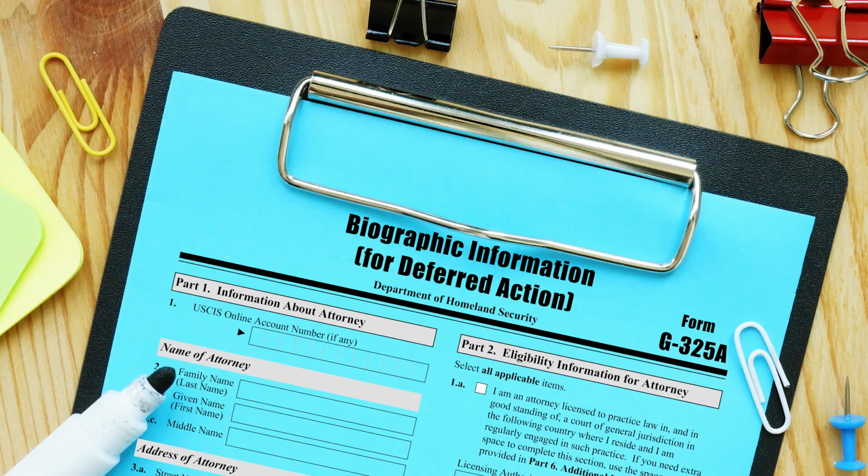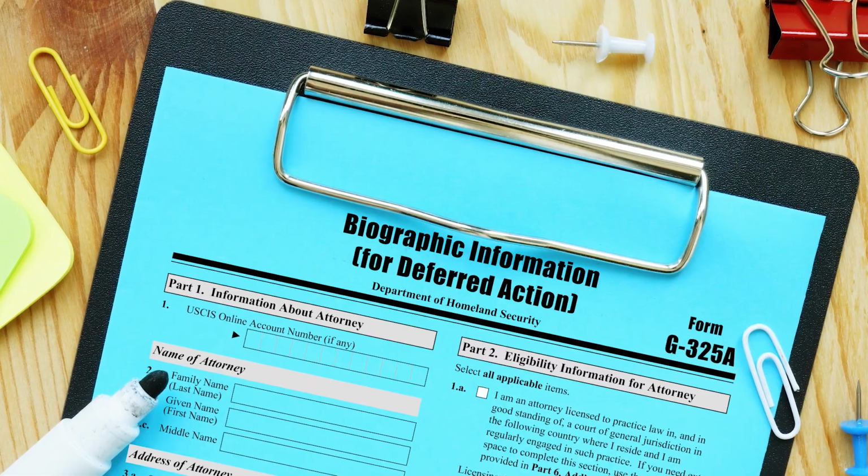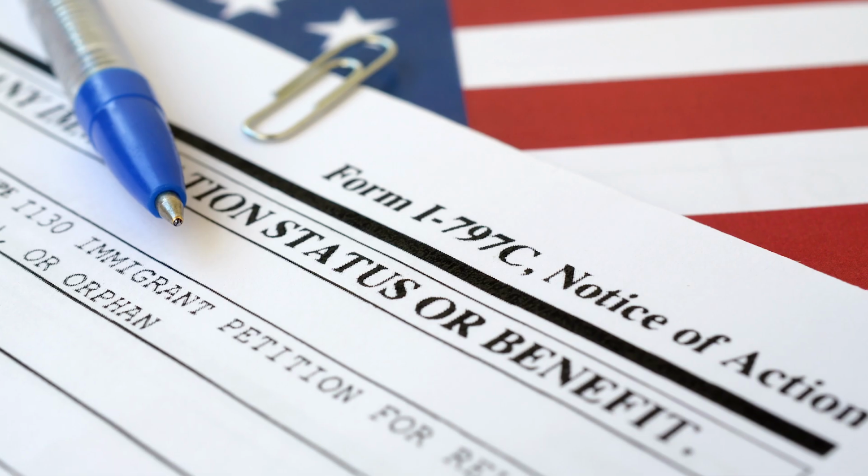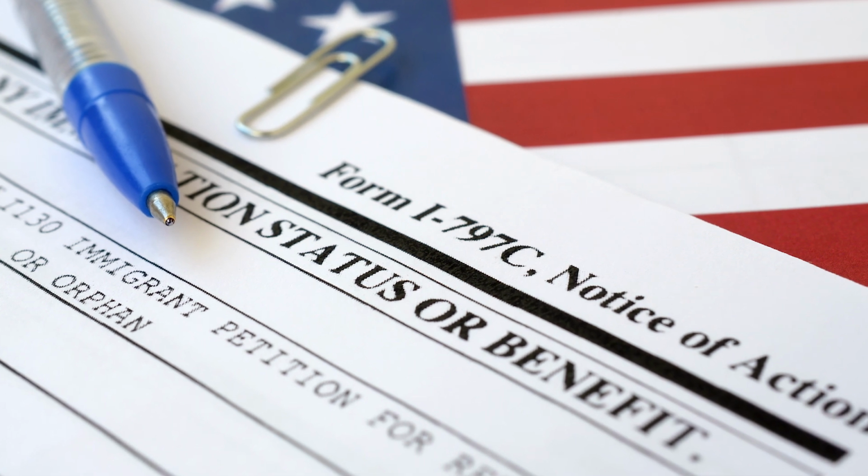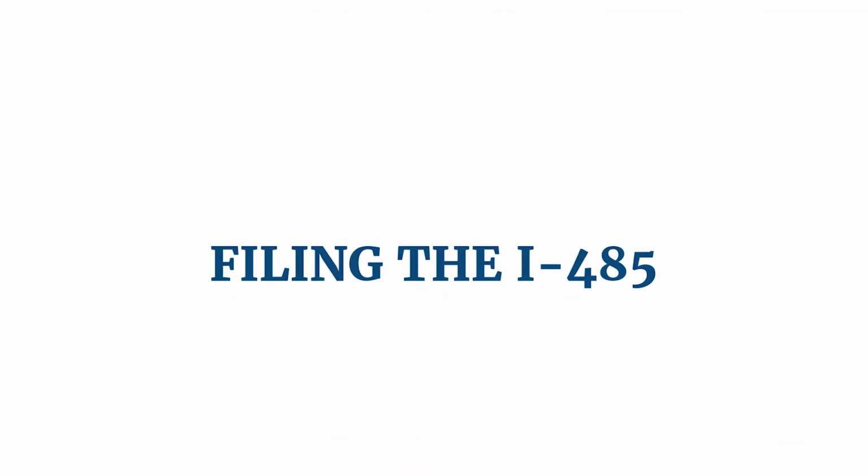Those between 14 and 78 years of age must submit a completed Form G-325A. Evidence of eligibility. A copy of Form I-797C that the EB-5 applicant received upon the approval of the I-526 petition. Filing the I-485. The I-485 application is often filed by immigration attorneys on behalf of the EB-5 program applicants.